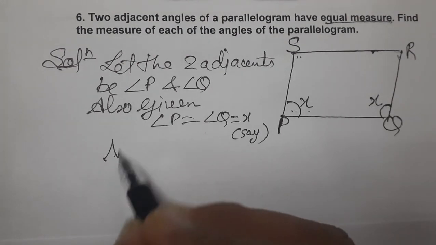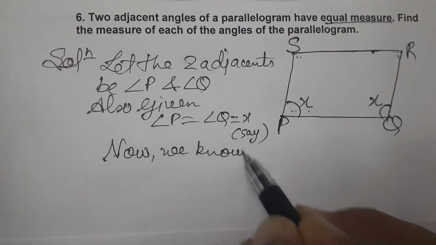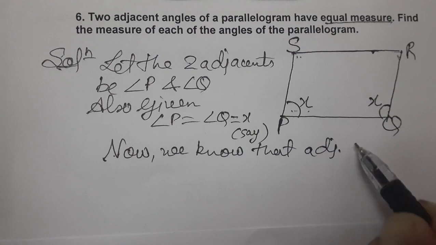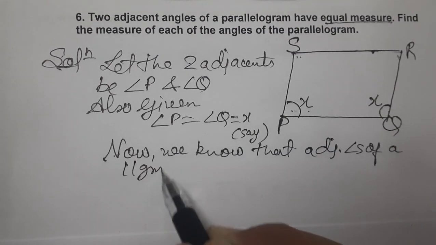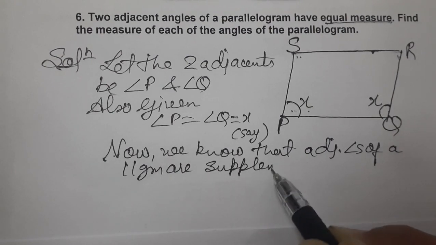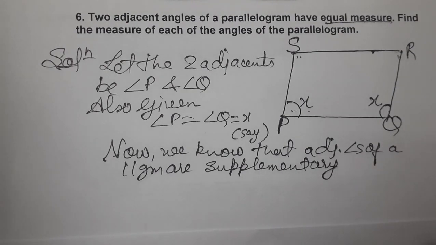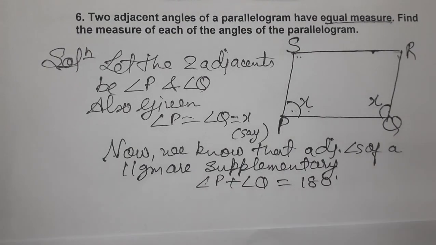Now we know that adjacent angles of a parallelogram are supplementary. So you must remember all properties of parallelogram, then only you are able to do it, children. So angle P plus angle Q equals 180 degrees.